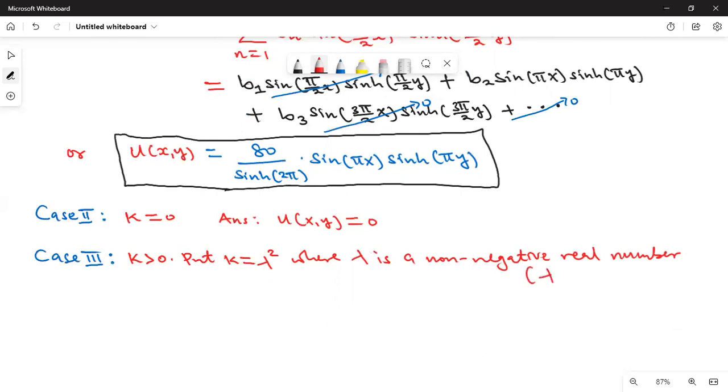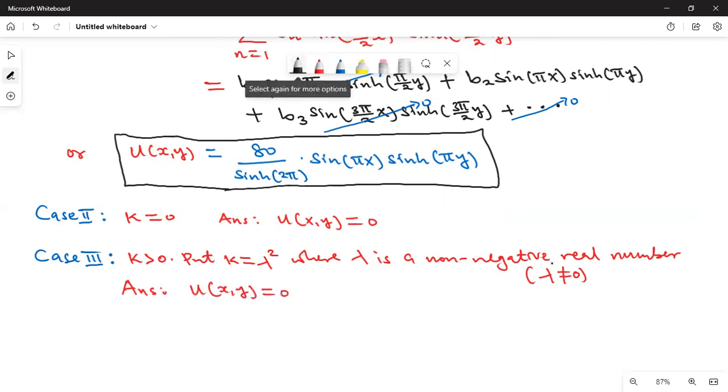Lambda not equal to 0. Remember, in case 3, we are putting k is positive lambda squared, not negative, just like in case 1. So again, you're going to verify that even in this case, your answer u of x, y will be equal to 0.